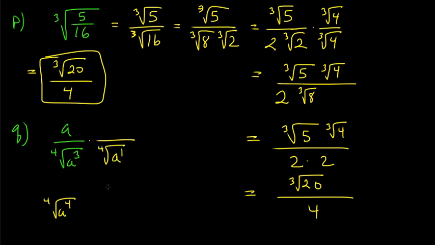I just add 1, right? So I'm going to multiply numerator and denominator by the 4th root of a. And what that gives me in the numerator is a times the 4th root of a. And in the denominator, it's the 4th root of, right, a to the 3 plus 1. 3 plus 1 is 4. And the 4th root of a to the 4 is just a.